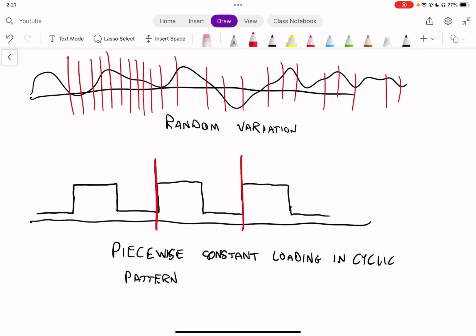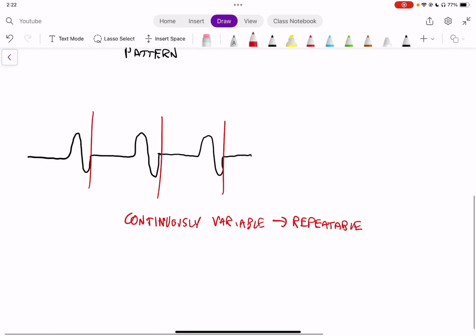So the loading does change, the life and the force could change, and that changes our cyclic loading. This one is piecewise constant loading: we have constant loading, then on, off, in a repeating pattern over and over. We're going to do some example problems to illustrate that throughout this video.